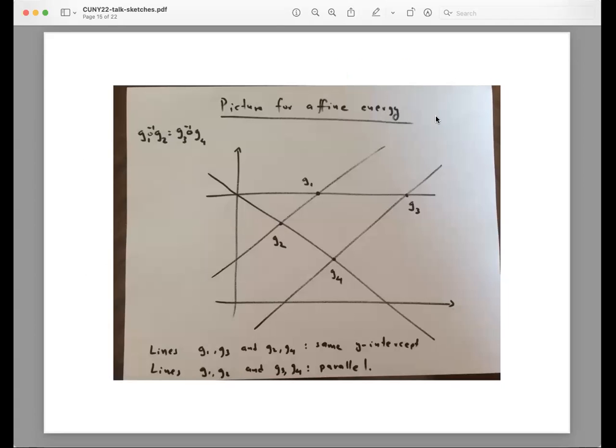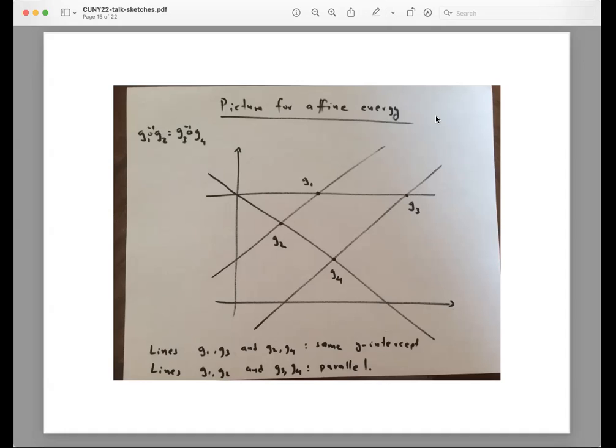Let me just say, though, take it on trust that there is a way to visualize this affine energy. It's not exactly isosceles trapezoids, though. But if you have these four transformations, such that G1 G2 inverse equals G3 G4 inverse, then you get that the line that passes through G1 and G3 and the line that passes through G2 and G4 have the same y-intercept.